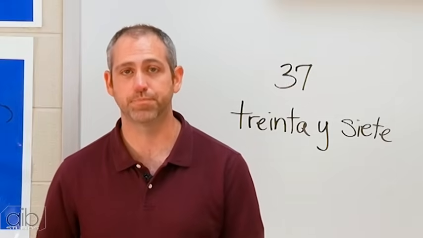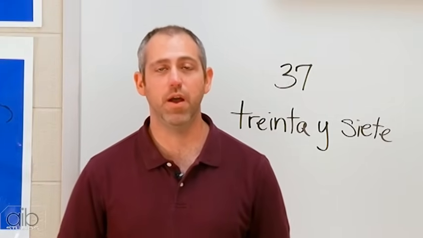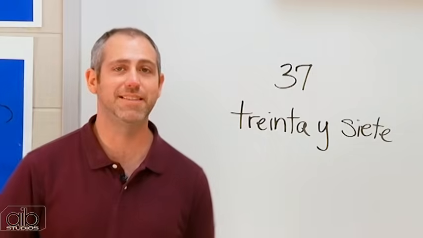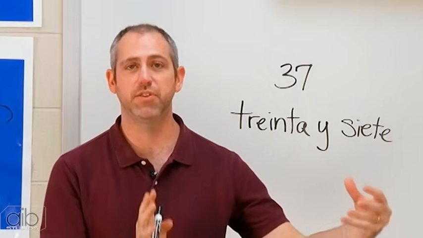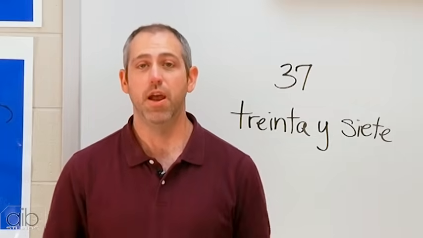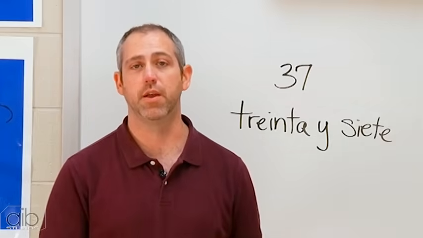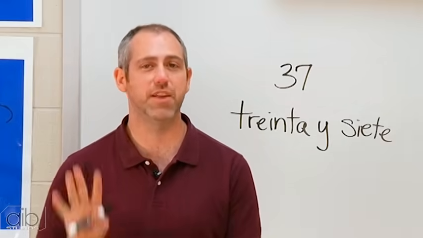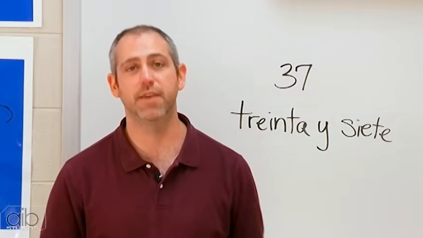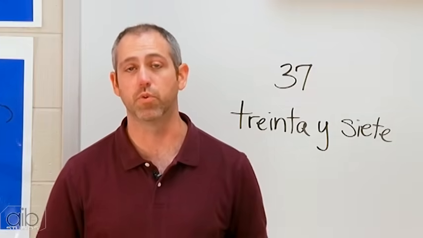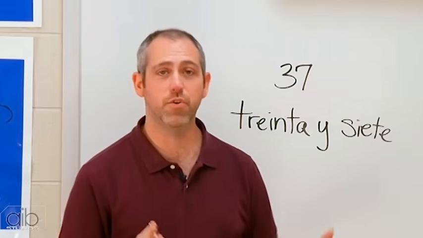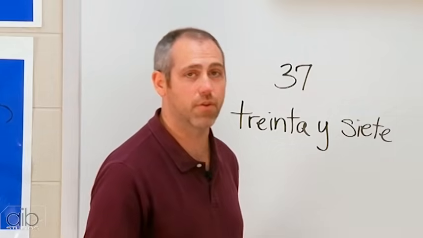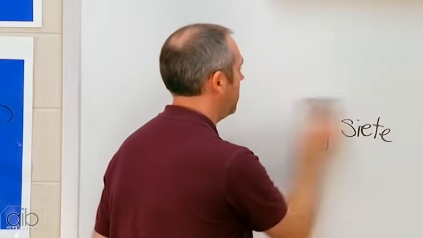Okay? Now that we have our numbers all the way through 199, we simply have to look at the hundreds numbers. So, for our 100s numbers, we're simply going to take the number and put it together with the word cientos. So, for example, if we wanted to say 200, we would not say 200, we would say 200s, because in Spanish it's thought of as plural. So we're going to take the word two, and we're going to take the word hundred, and we're going to put it together and make 200 like this.